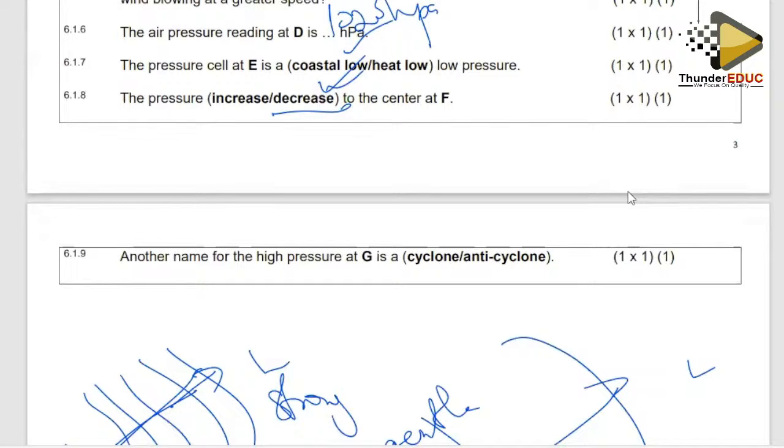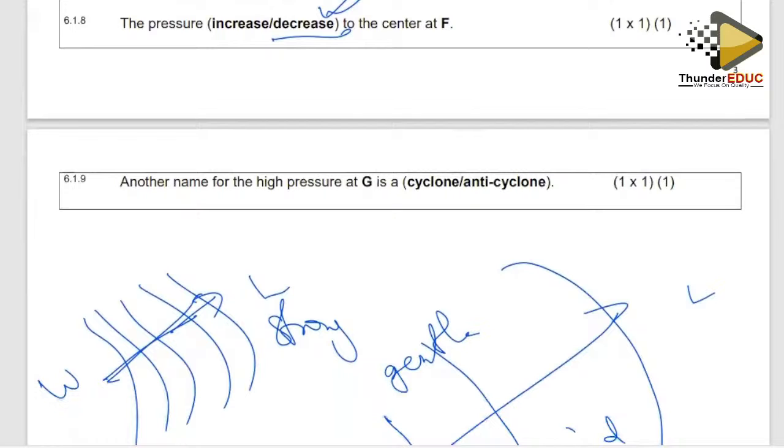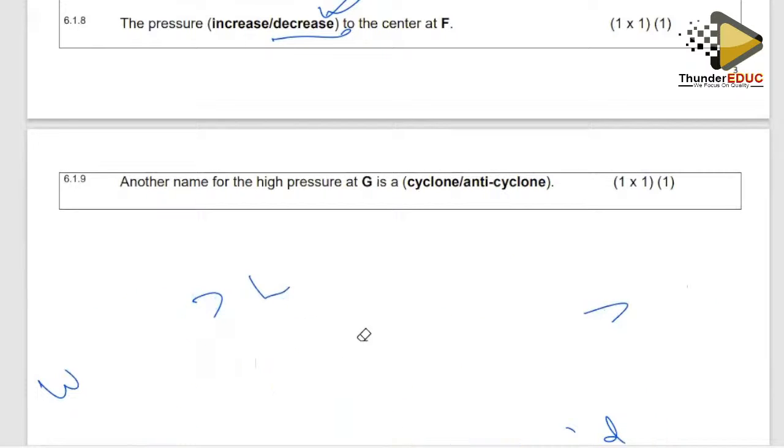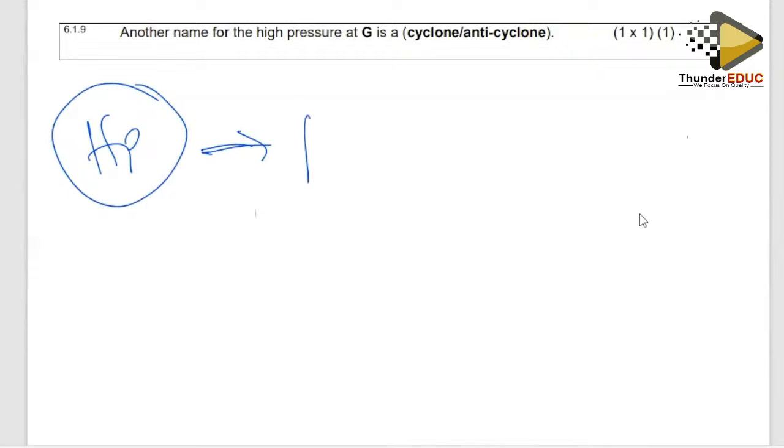Right, then the last one: another name for a high pressure at G is a cyclone or anticyclone. Whenever we have a high pressure, like what I've been mentioning, we have the South Atlantic high pressure, the South Indian high pressure, the Kalahari high pressure. All those high pressure cells are summarized as anticyclones.